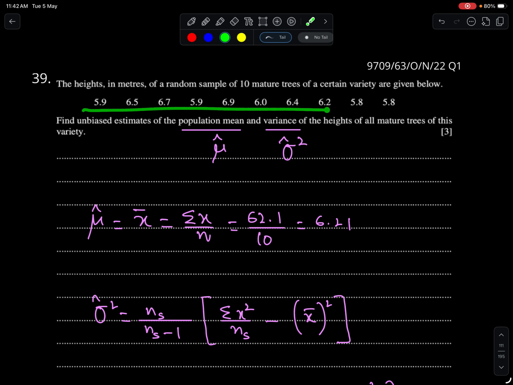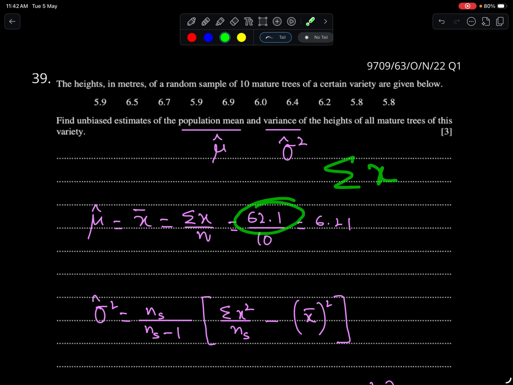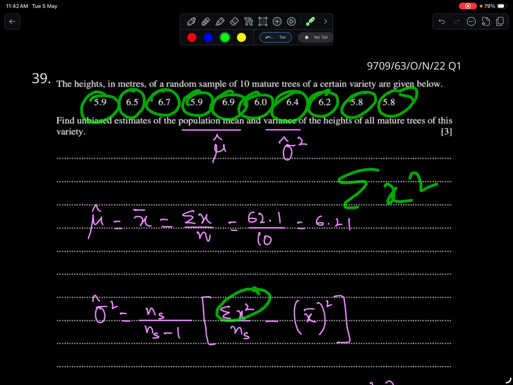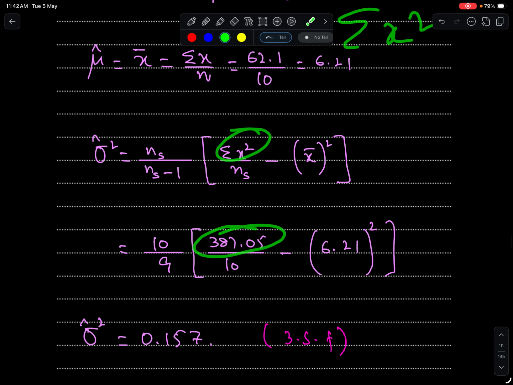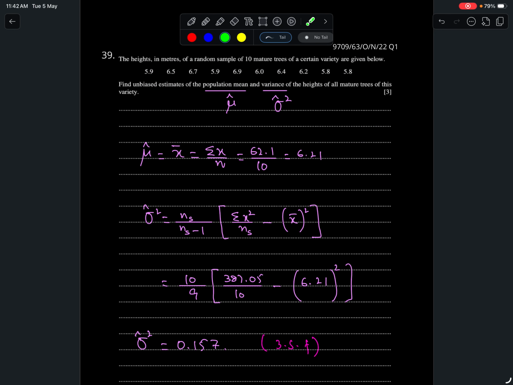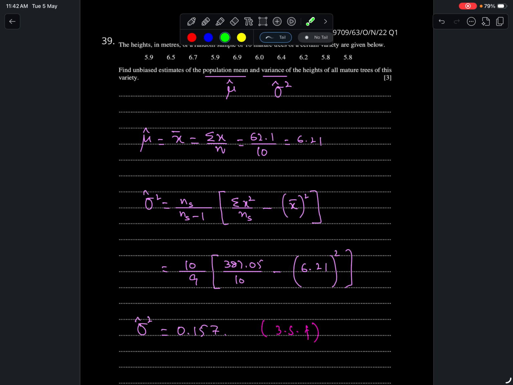Here we have a sample, so first get sigma x, which is 62.1, then get sigma x square, the sum of squares of these observations. Do it in the calculator and get the unbiased estimates. Population mean is sigma x over n, and this is the formula of the unbiased estimate of population variance.